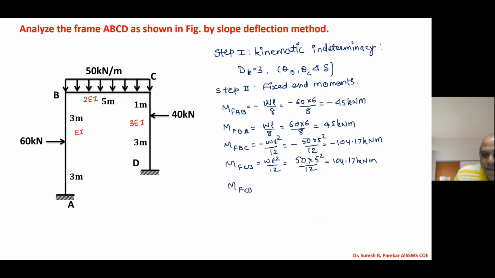MFCD is minus WAB square upon L square, minus 22.5.